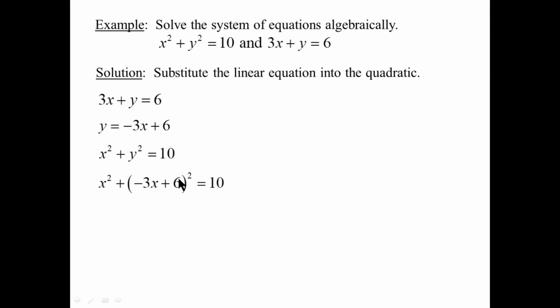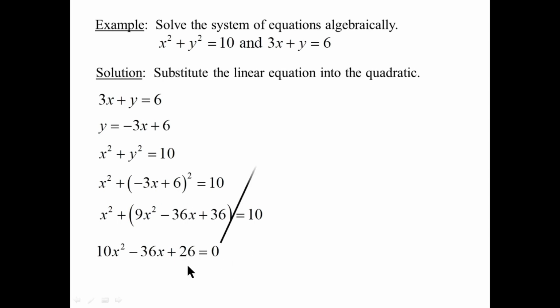And now we're squaring a binomial, which means the first term squared and double the product and so on. Here it is. The first term squared is 9x squared. Double the product here. We get negative 18 doubled is -36x, and then plus 36. Collecting up like terms and equaling it to 0, because it is a quadratic equation. So we like them equal to 0.